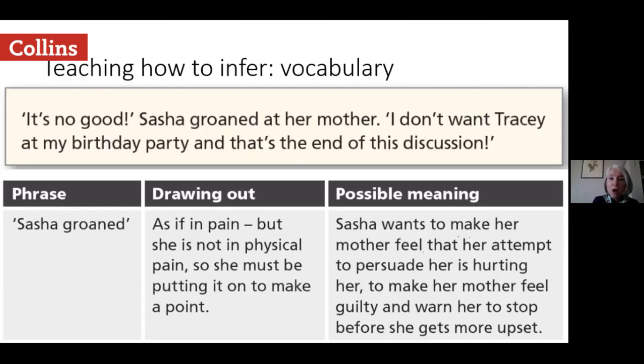He's saying groaned because he wants us to understand that Sasha is responding as if she was in physical pain. So she's putting it on to make a point, therefore to upset her mother. So reading for inference is all about really looking in detail at individual vocabulary items and at phrases.